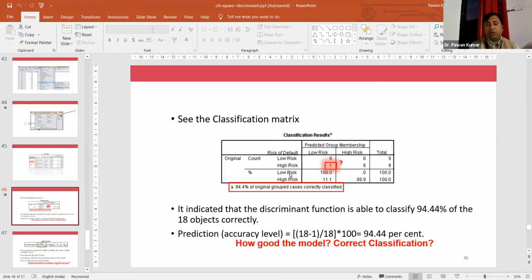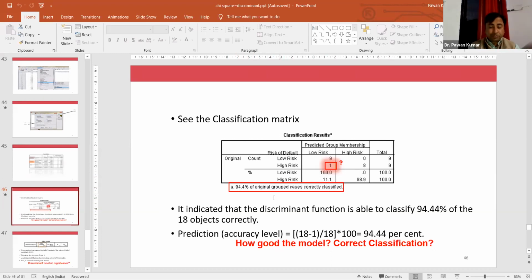That's why it is written here that 94.4% of originally grouped cases are correctly classified. That means in this model, 94.4% of the cases have been correctly classified by this analysis, whereas 5.6% are not accurately classified.